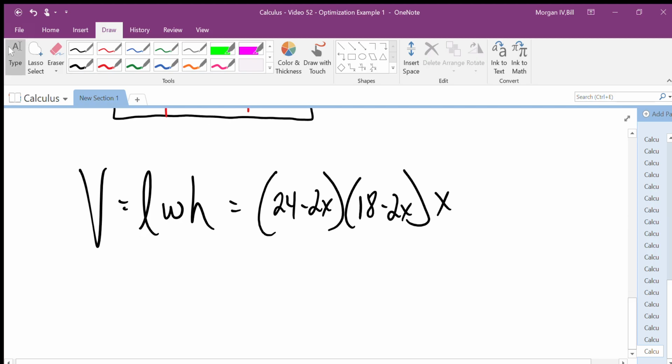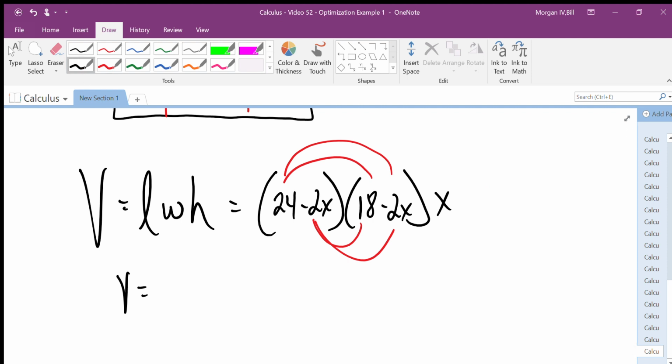Multiplying those together, we get volume is equal to, I'll just distribute the first ones here. The 24 times the 18, the 24 times the negative 2x, the negative 2x times the 18, and negative 2x times negative 2x, and then we'll multiply the ending answer by x.